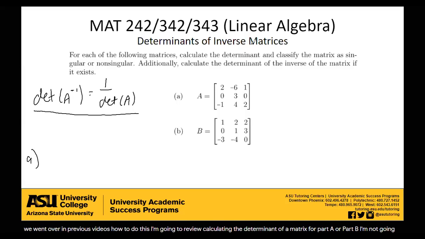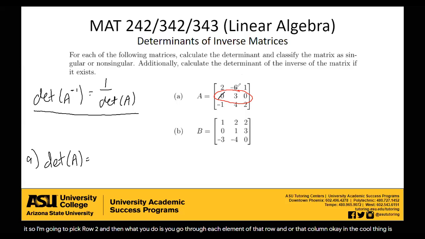So to calculate the determinant of A, you pick a row or column. Typically, you want to pick one that has the most zeros in it. So I'm going to pick row 2. Then you go through each element of that row. And the cool thing is you can skip over the zeros because 0 times anything ends up being 0.